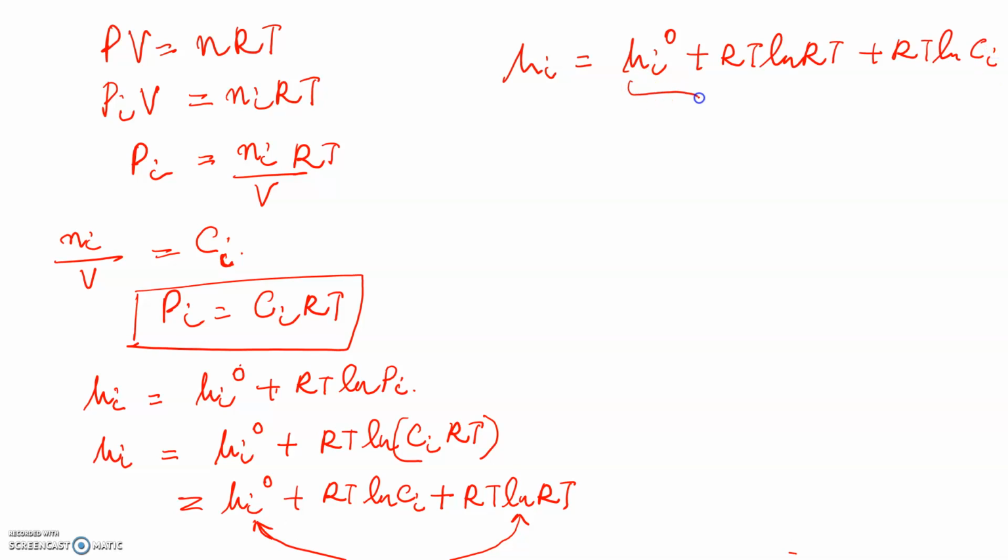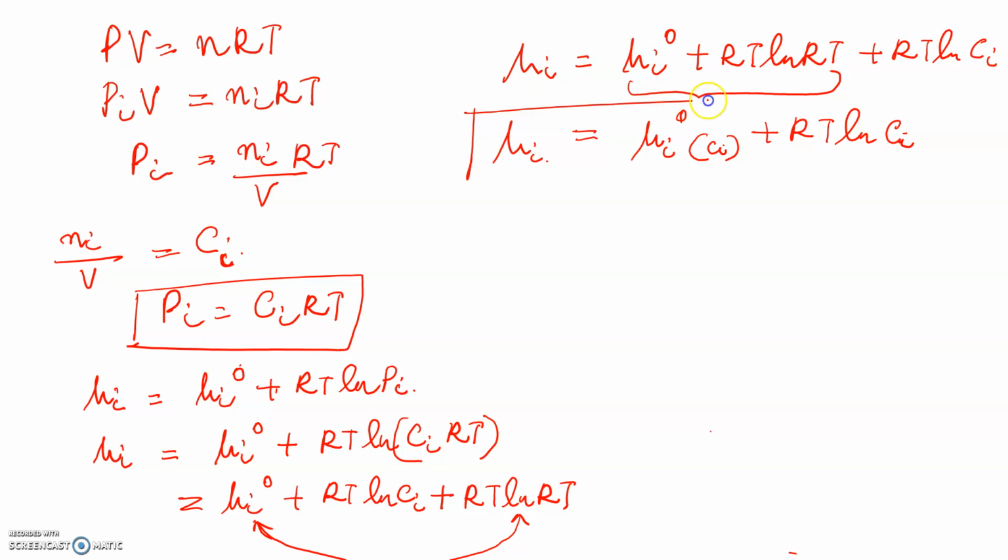Now this is a constant, and this constant we can denote as mu i 0 Ci, plus RT ln Ci.